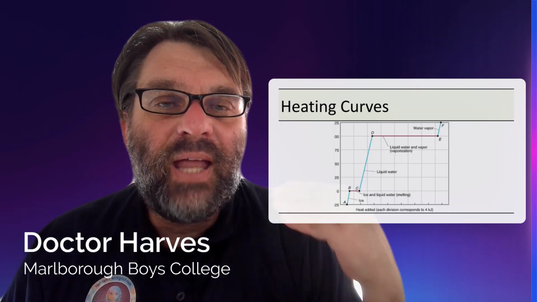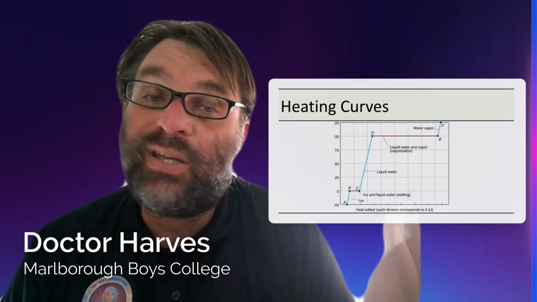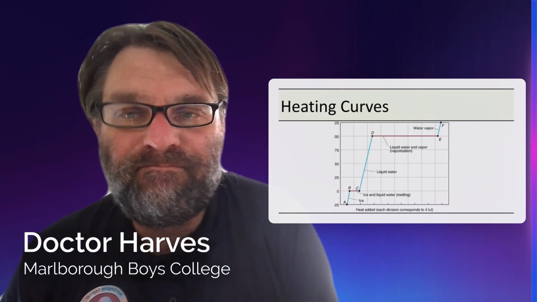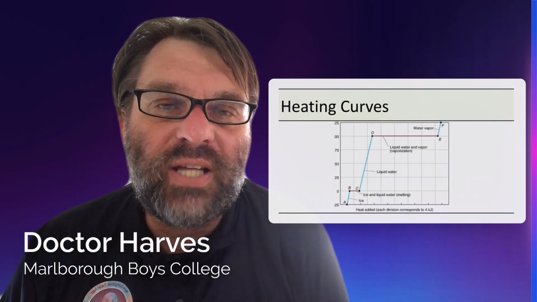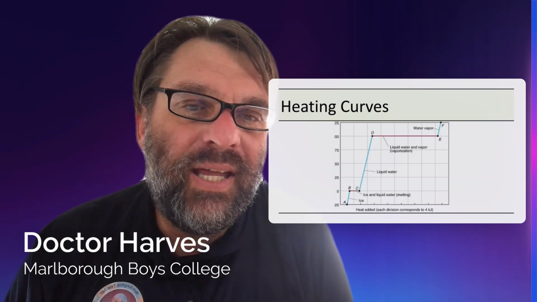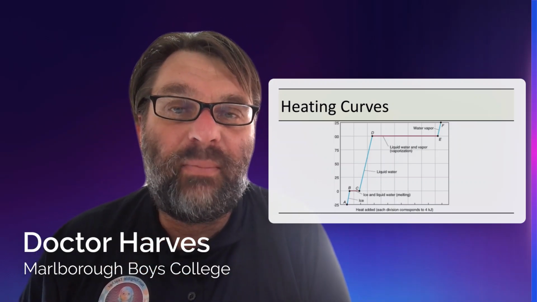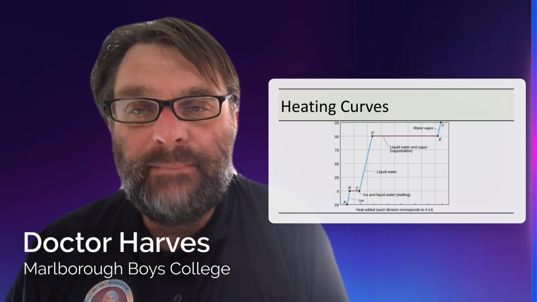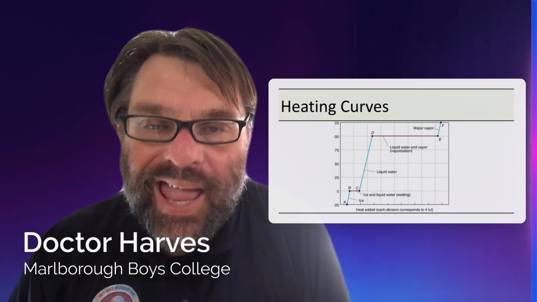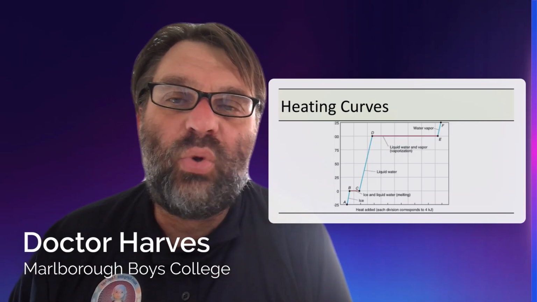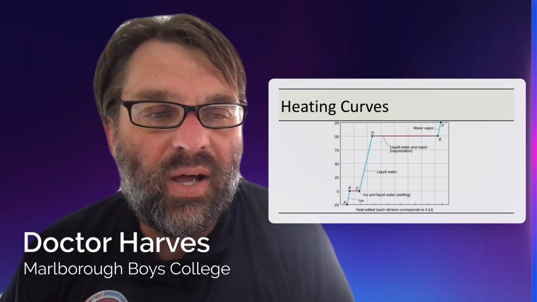And then once they've all been broken, you get liquid water, which then increases in temperature, which is known as sensible heat, until 100 degrees Celsius, which is point D. And then that goes off into point E when you're making a super hot gas, but it's still a vapor. So points B and C are your latent heat of fusion, and point D to E is your latent heat of vaporization.